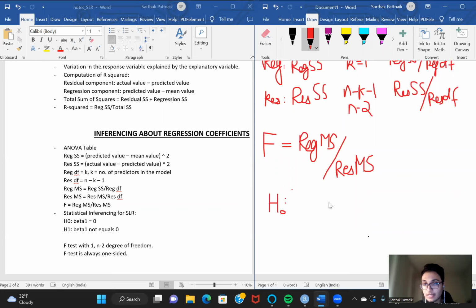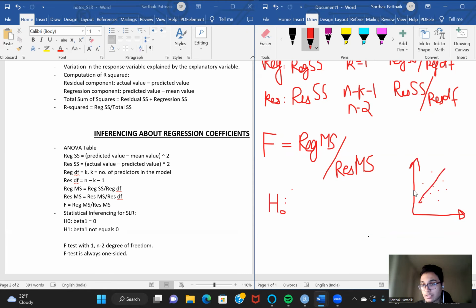So suppose I have my x and y axis and have some points. So I need to find evidence that there is a linear association between my x and y.